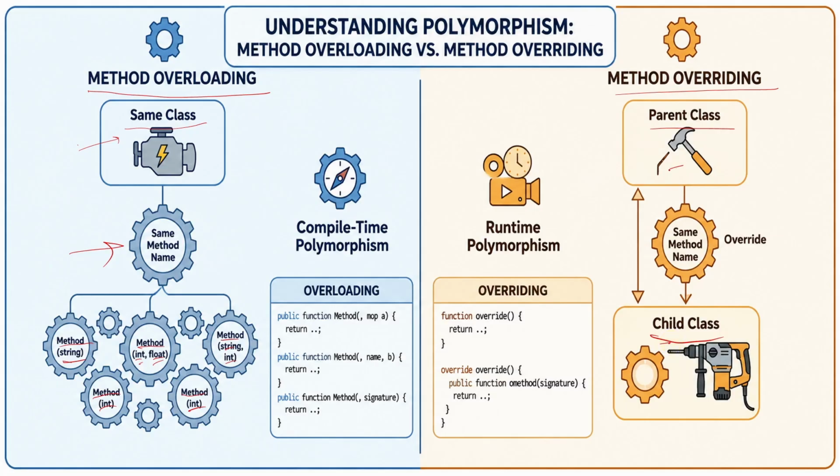Say method xyz we have in the parent class, the same method we will define in the child class, and it should follow some rules. What are those rules? Method name should be same. Signature should be same. What is signature? Same number of parameters, same data type.